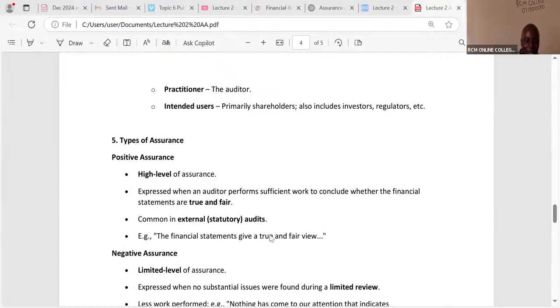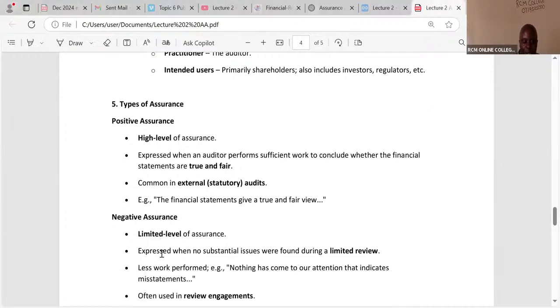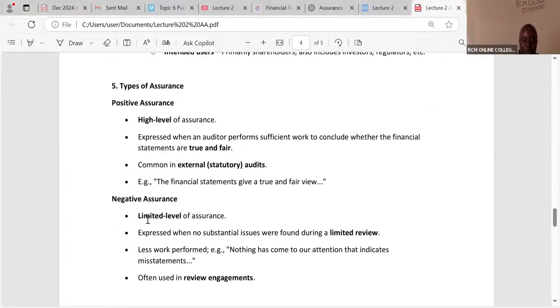And listen to this. Negative assurance. When does it work? This negative assurance, we are looking at what we call a limited level of assurance. It's some kind of comfort I'm giving you, but very little. Because also the time you gave me to do the work was very little. The resources you are giving me to do the work are very little. So I'll be able to give you what we call negative assurance.